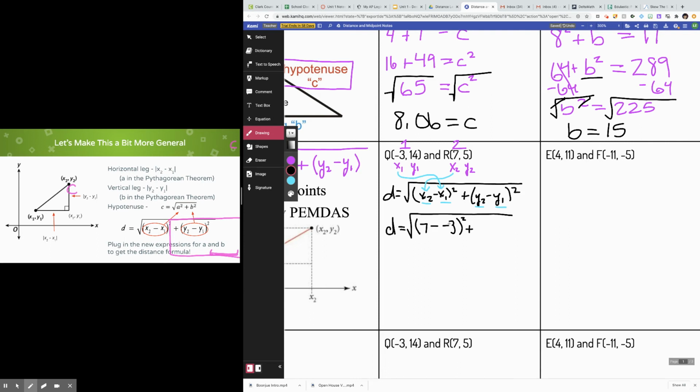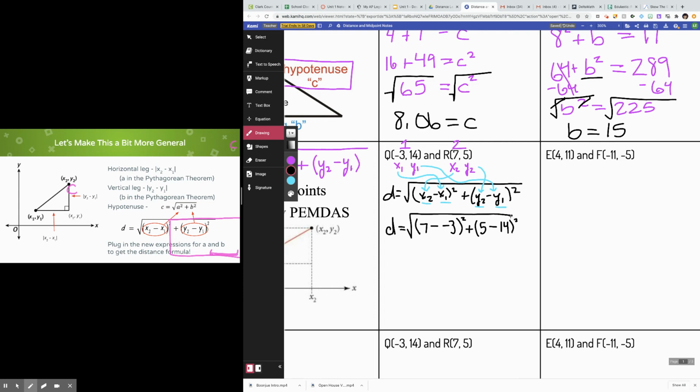So it's minus -3, plus, and then I have my y's. So y2 goes right here, and y1 goes right here. So I have plus y2 is 5, minus, and then y1 is 14.